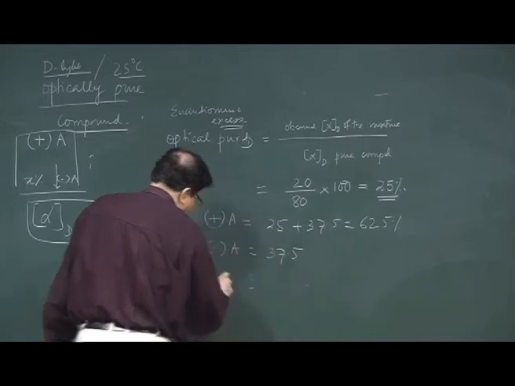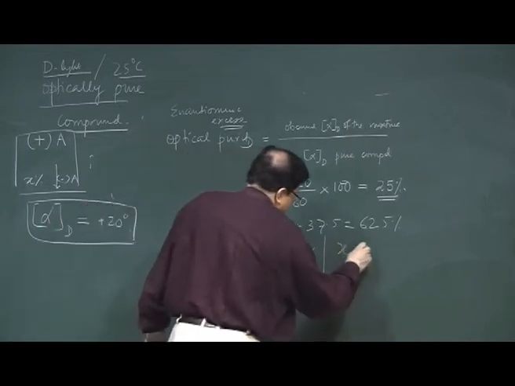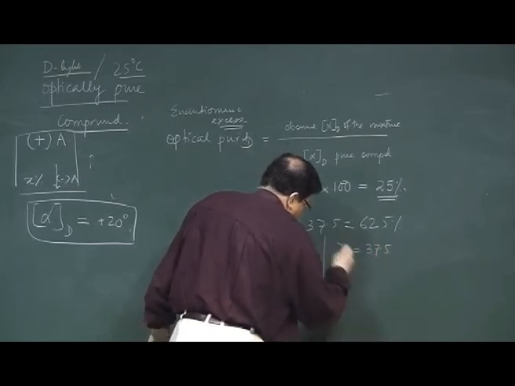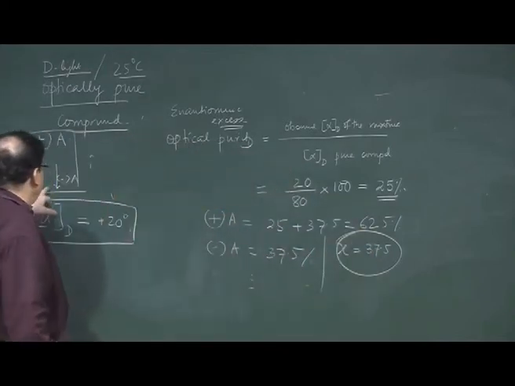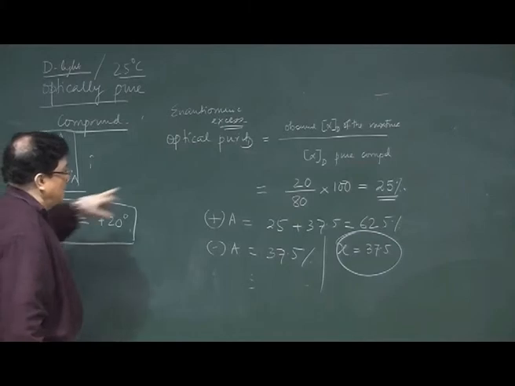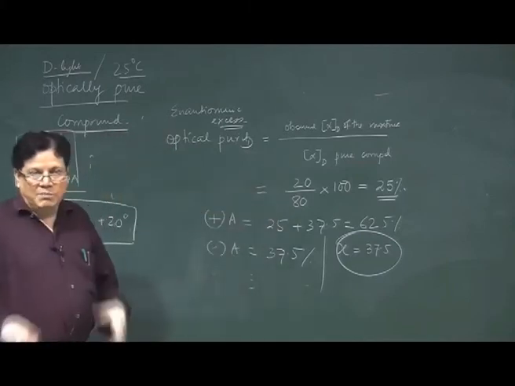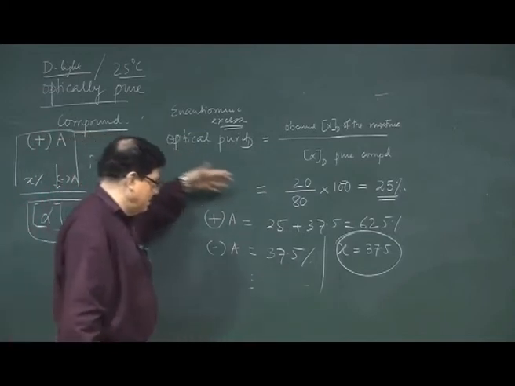So, the value of x here is 37.5. You have mixed 37.5% of minus A into this mixture. So, that gives you 25% optically pure material, or the enantiomeric excess of the mixture is 25%.